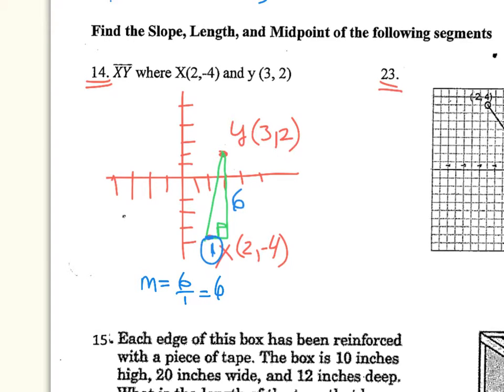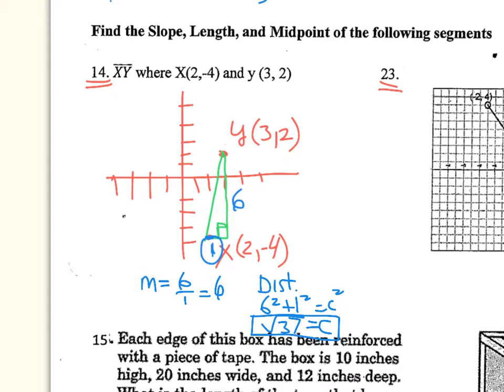Then for its distance, we could do the Pythagorean theorem: 6 squared plus 1 squared is c squared. So that'll be 36 plus 1, so 37. Then when we square root that, that's our distance. So our distance is the square root of 37.